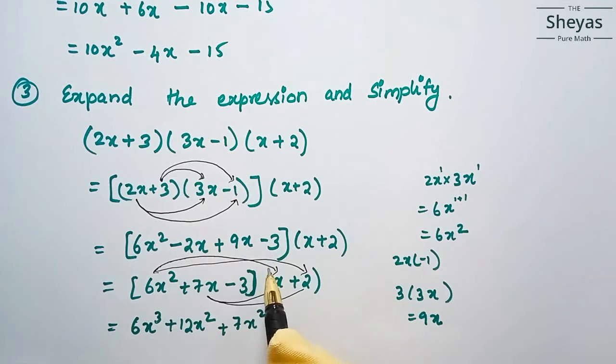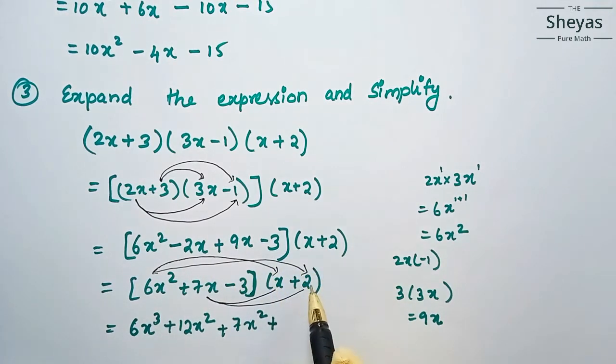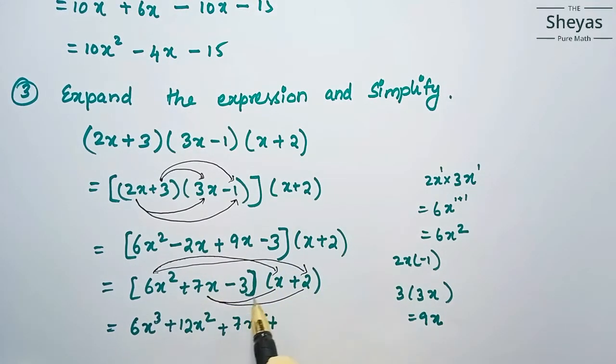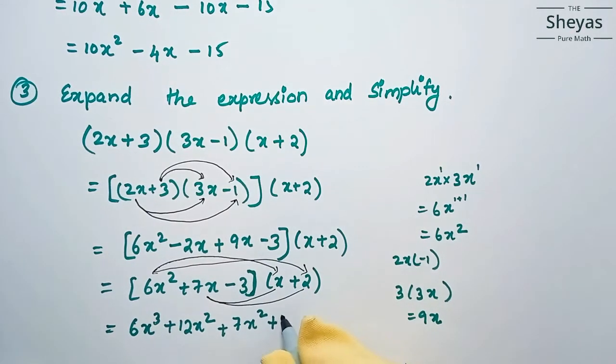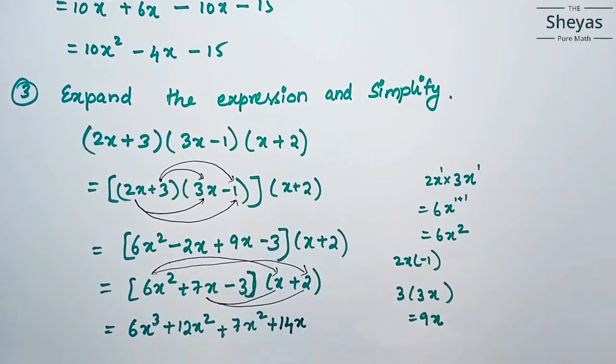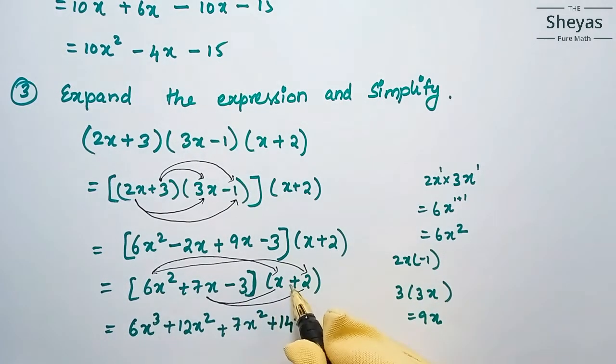So every term you have to multiply with every other term of the expression. Now 7x into x you have completed, you got the answer 7x square. Then 7x into 2, only a constant term you are multiplying. So 7x into 2 is 14x. Okay.